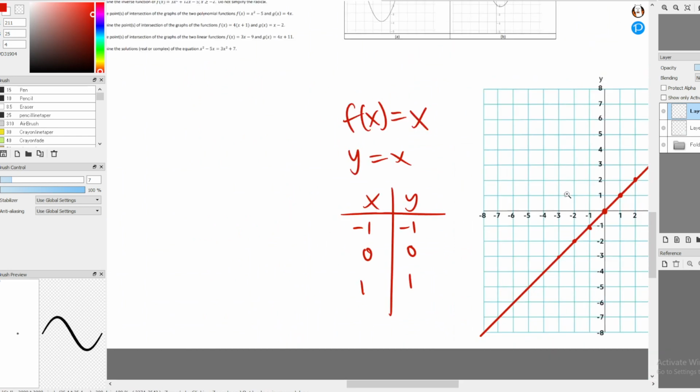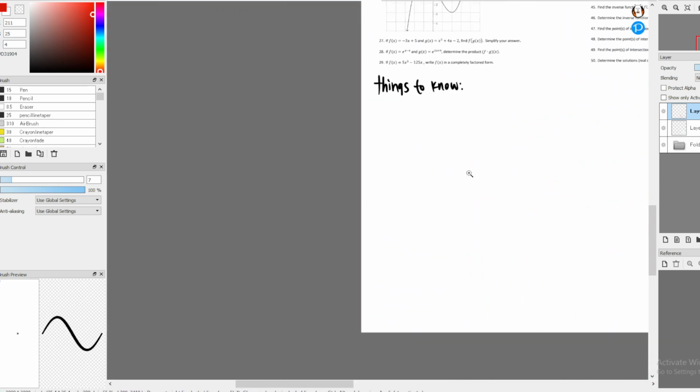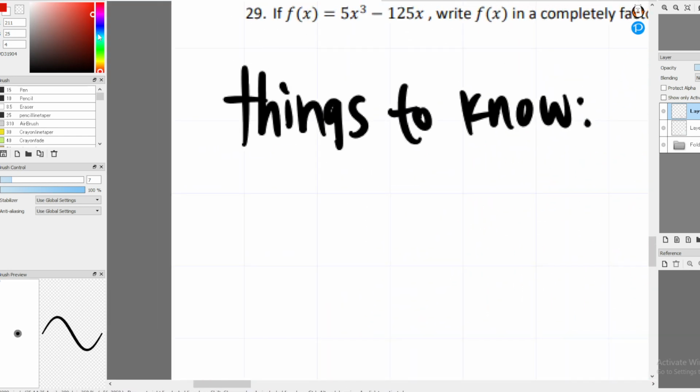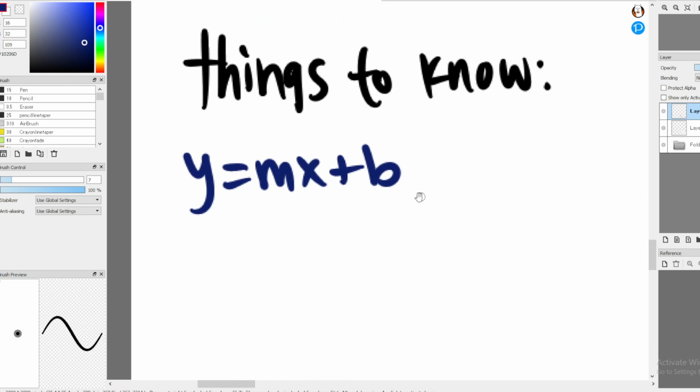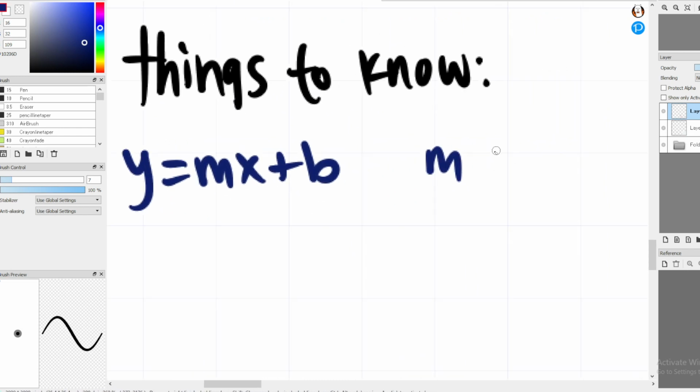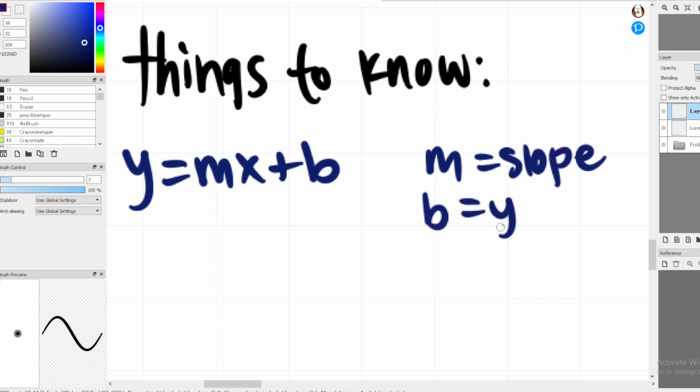Another form for our linear functions, and I'm going to put this under the things to know, is y equals mx plus b. This is the standard form of a linear function. The m stands for slope. The b stands for the y-intercept.